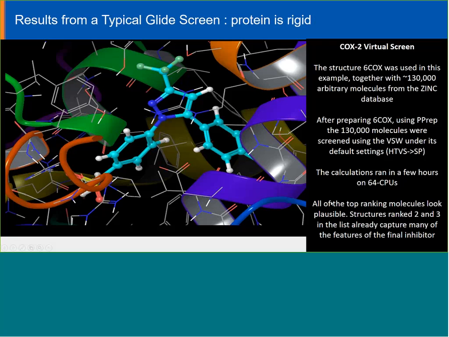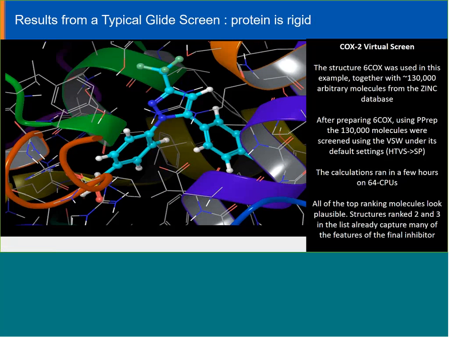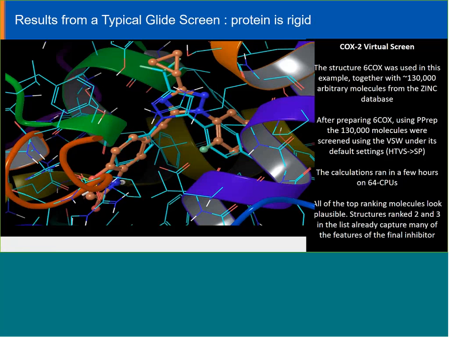So this is an example from a real screen that was used on the COX-2 protein. What we'll see is that the crystal structure is shown in the first image in blue, and as we screen the compounds and have a look at the top ranking hits, we can see that actually 2 or 3 molecules right at the top already start to make the key interactions that we're looking for and resemble the way that the co-crystallized structure sits in the active site.